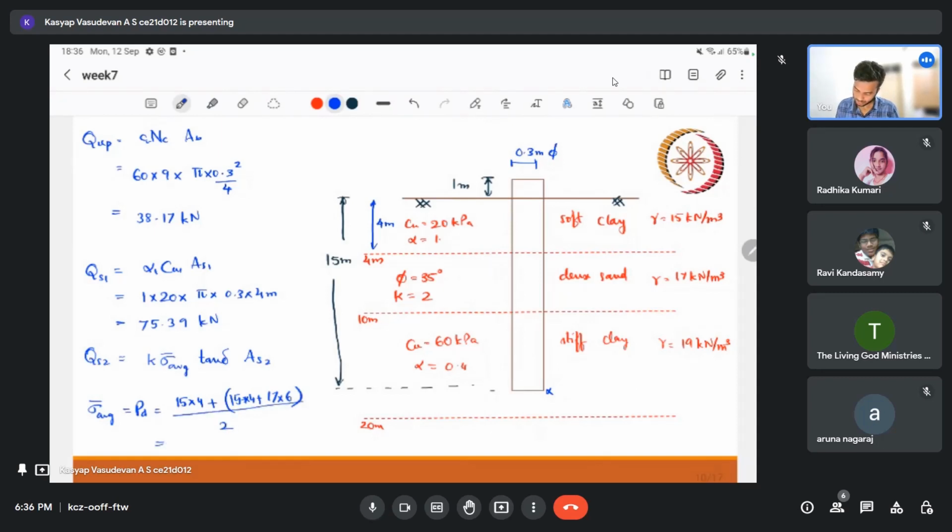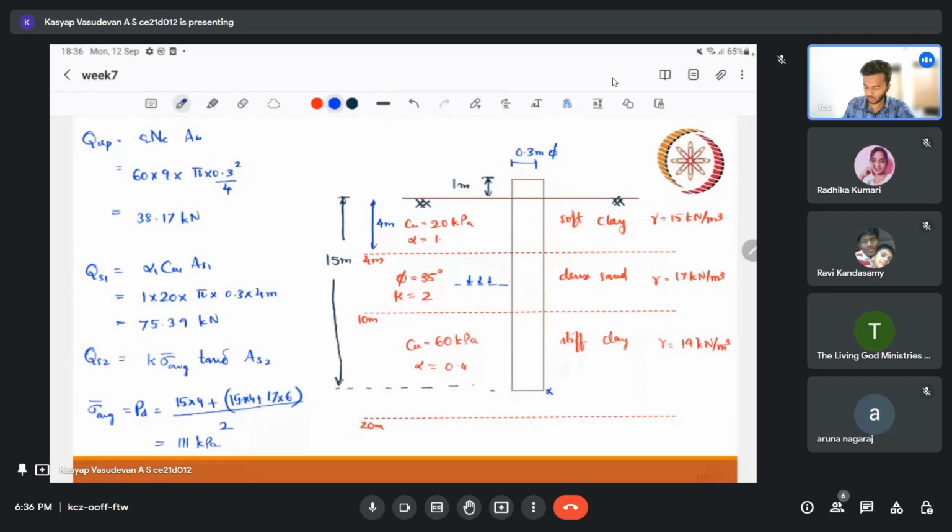I can get it as 111. In other words, this is nothing but the overburden pressure at the middle of the layer, since I am assuming it changes linearly from 15 into 4, that is 60 kPa, to this value.